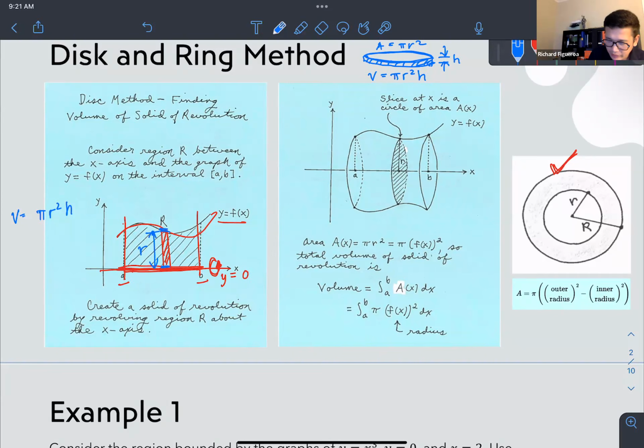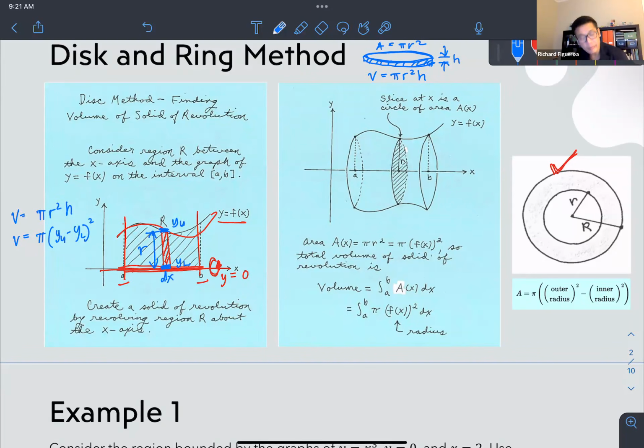One tip would be the upper y, and then the lower tip would be the lower y. Therefore, pi is constant, and our radius will be y upper minus y lower, squared.